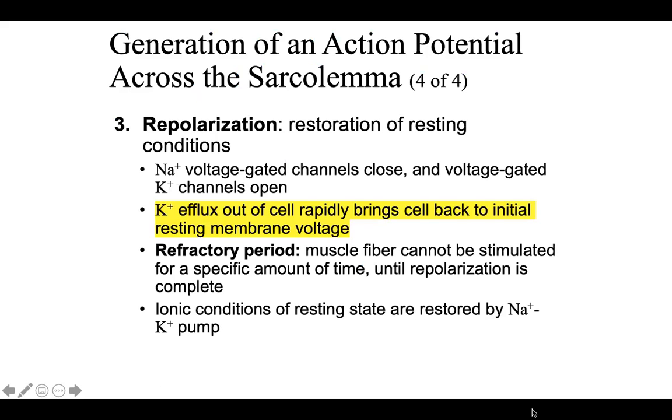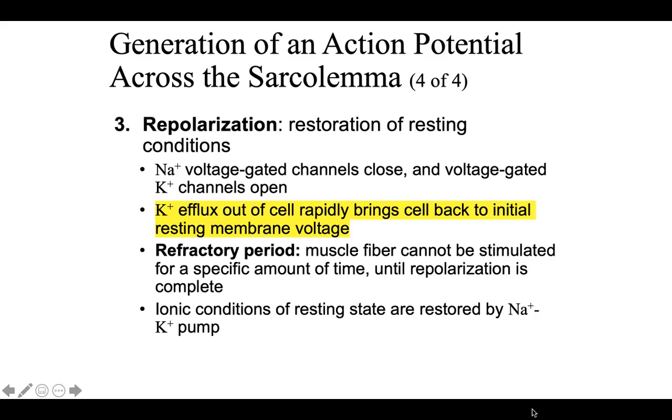Repolarization is the return to the resting conditions, the point which existed before the action potential. The sodium voltage-gated channels are going to close, the potassium ones will open. So there's a potassium efflux out of the cell back to its original resting membrane voltage, which means it's repolarizing to its original state.